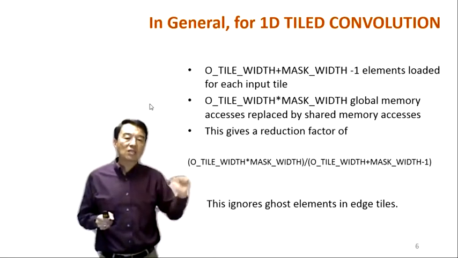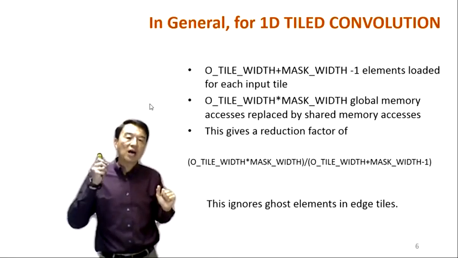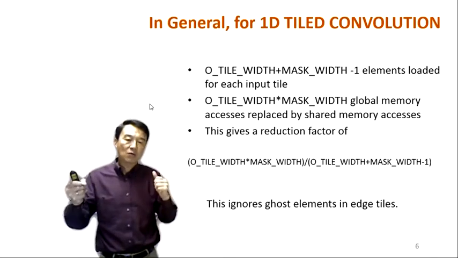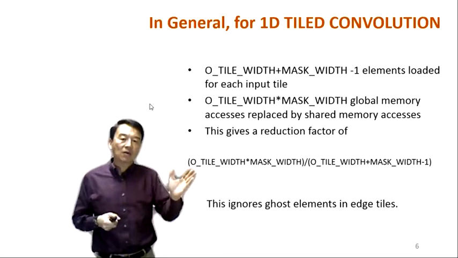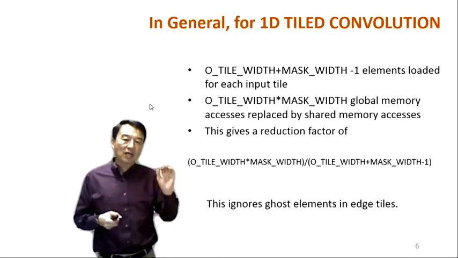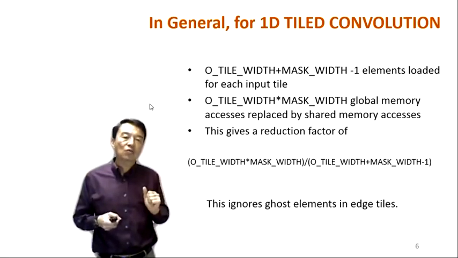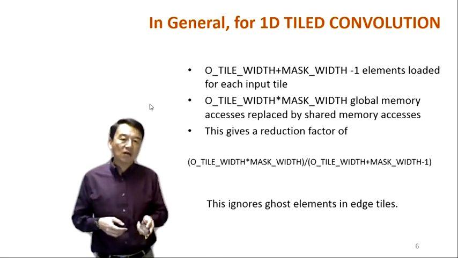And this gives us the general formula for any output width and mask width combination. We will see that we can calculate this number for some of these different variations and get some additional insight into the savings that we can have for 1D tiled convolution.